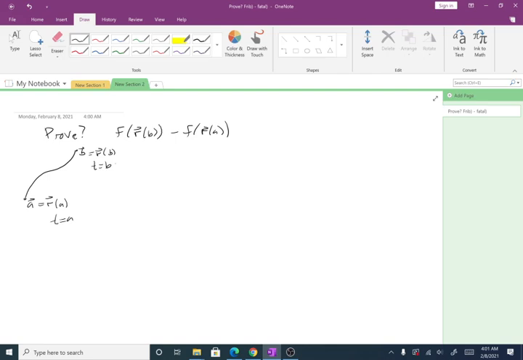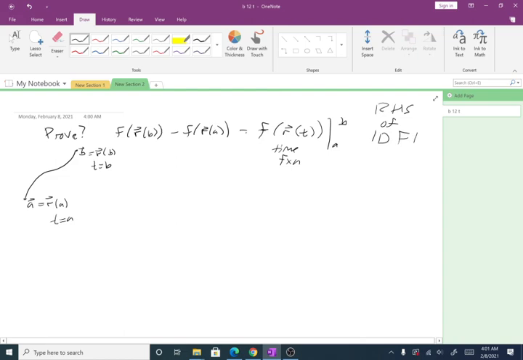So this is just f of r of t, a function of time, evaluated from A to B. And this is just like the right-hand side of the 1D fundamental theorem of calculus, because it's f from a to b equals the integral of f prime of x dx, or of f prime of t dt. So now we just use the 1D fundamental theorem.